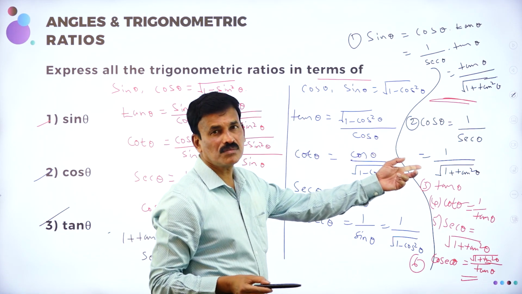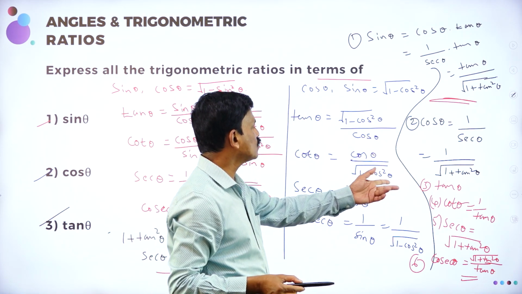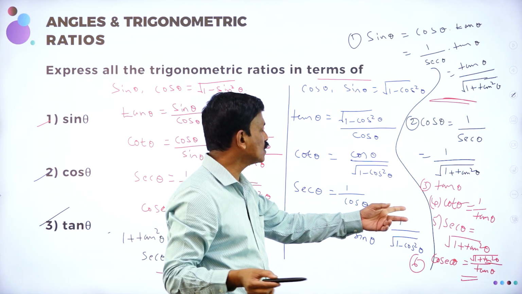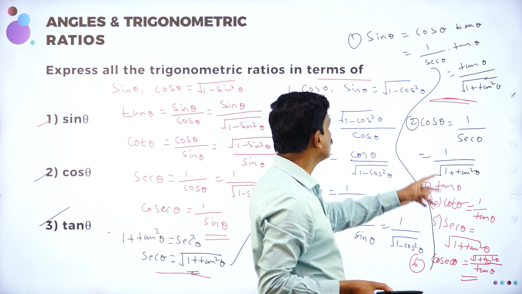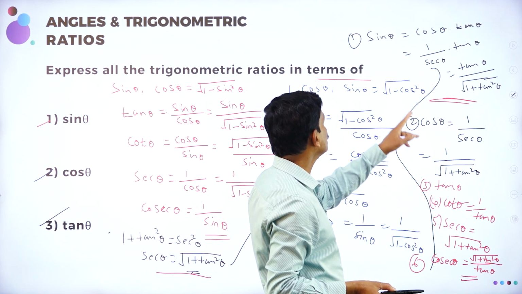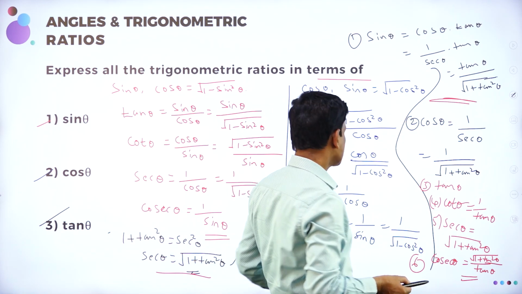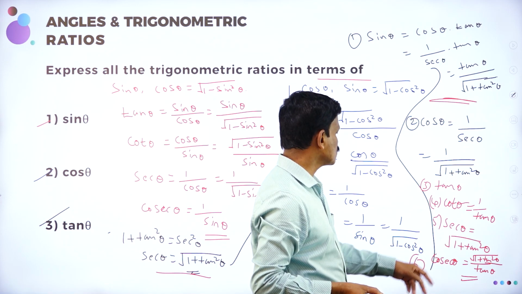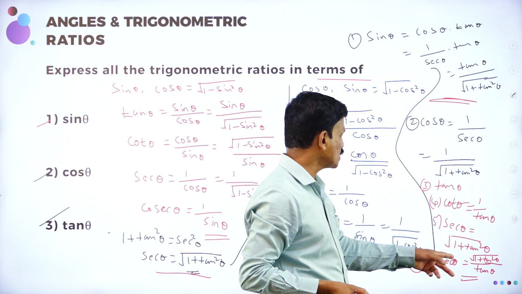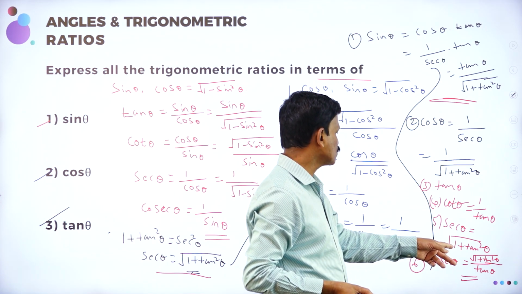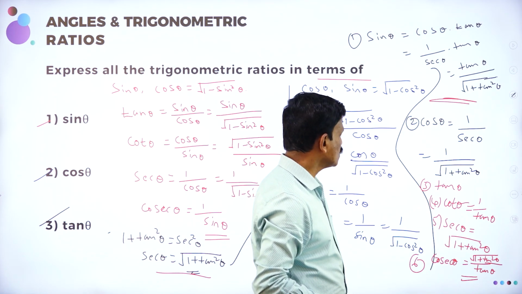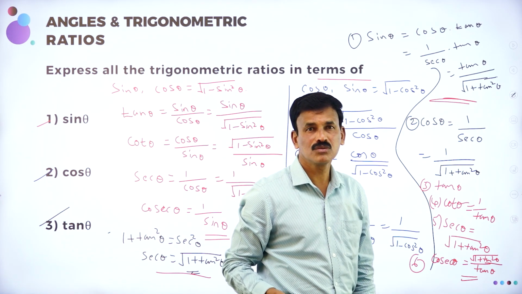Then cos theta is 1 by secant theta. Tan theta is as it is, cot theta is 1 by tan theta. Secant theta is 1 by cos, and cos theta is 1 by root of 1 plus tan square, so secant theta is root of 1 plus tan square. Cosecant theta is equal to root of 1 plus tan square theta divided by tan theta. That's it. Hope you followed.